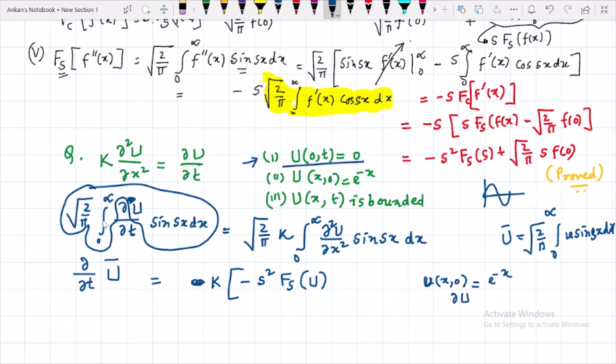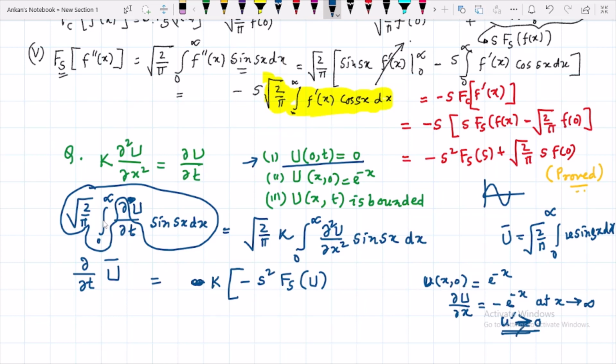So ∂u/∂x signifies minus of e to the power minus x. So as x tends to infinity, u prime tends to 0, more correctly we can say.